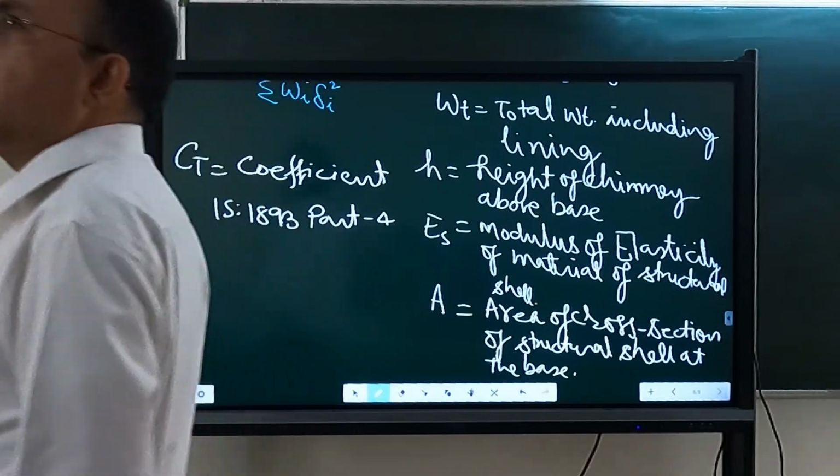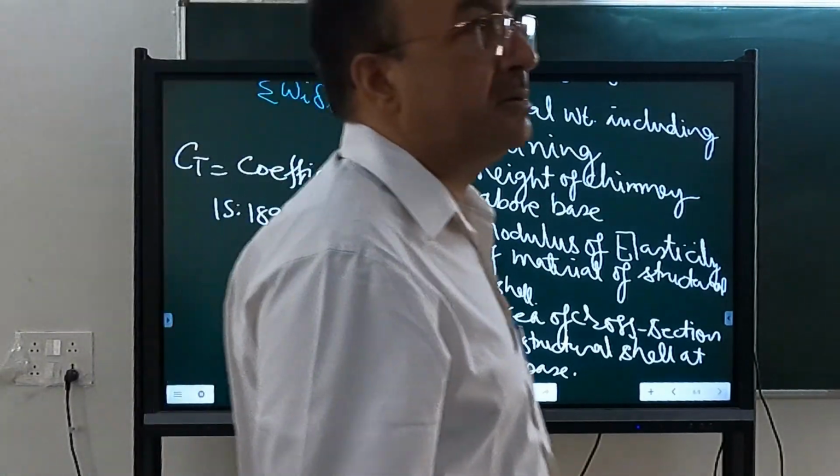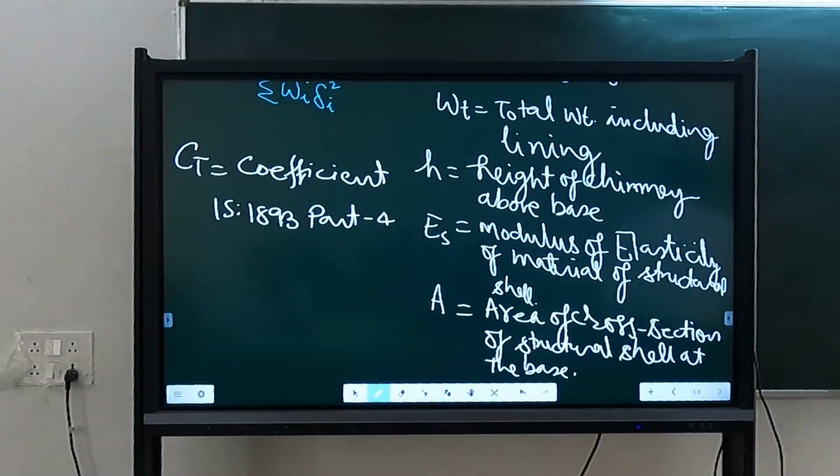Cracking may be there, and there will be more movement at the joints. So energy dissipation will be more when the amplitude of motion is more. Amplitude of vibration of the structure is larger. Naturally, in case of MCE, the vibration will be larger.